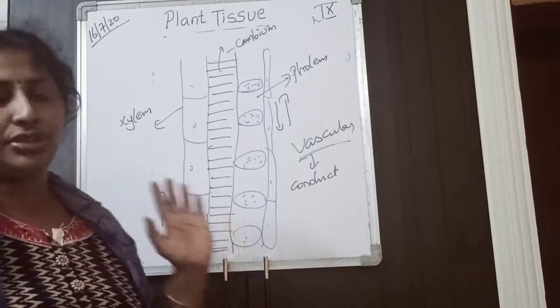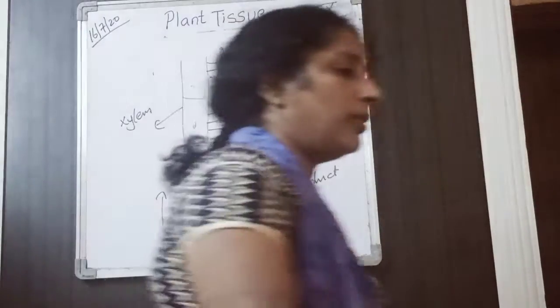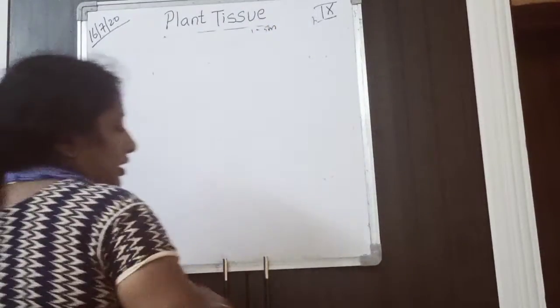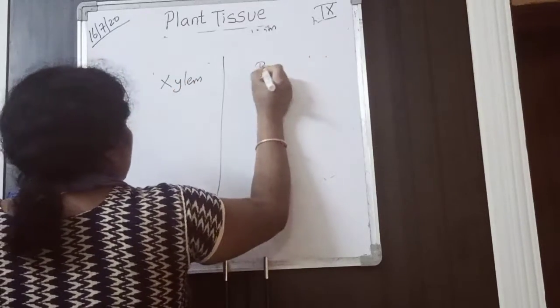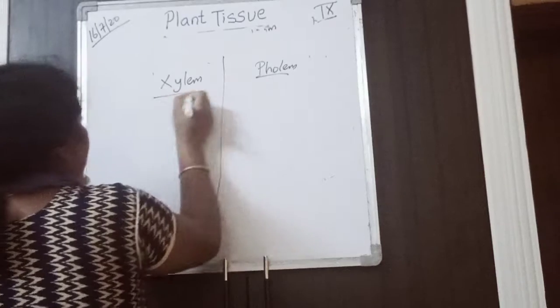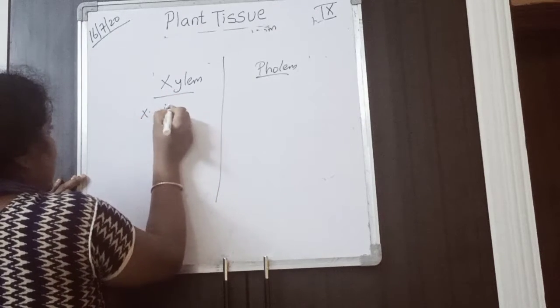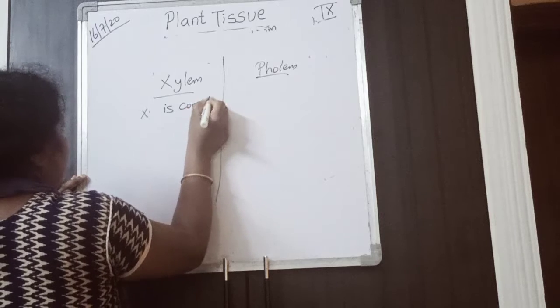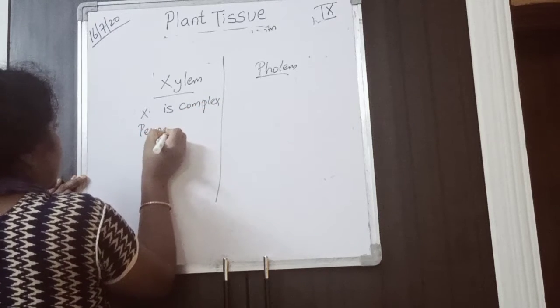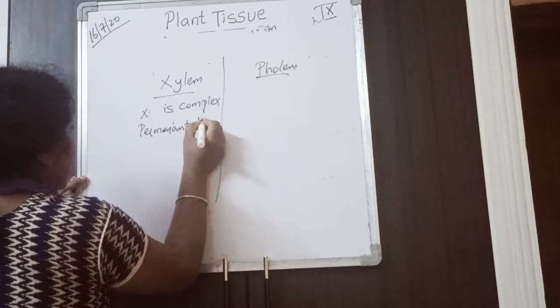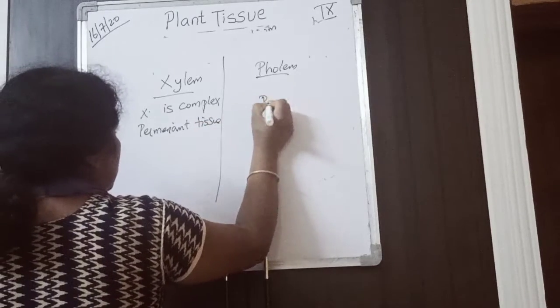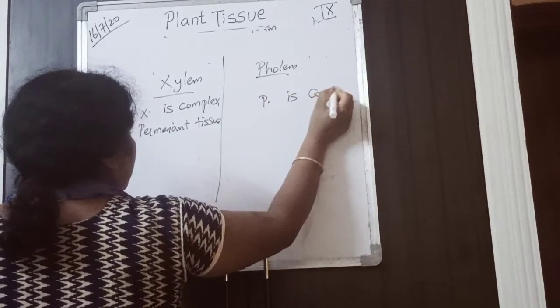You will be asked the differences between xylem and phloem. It's a 2-mark question. Xylem is a complex permanent tissue. Same, phloem is also a complex permanent tissue.